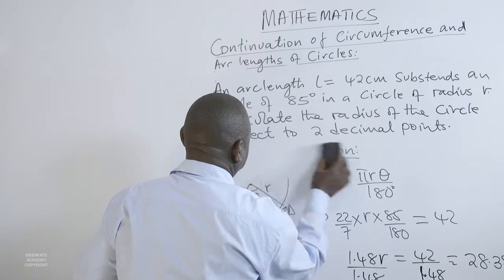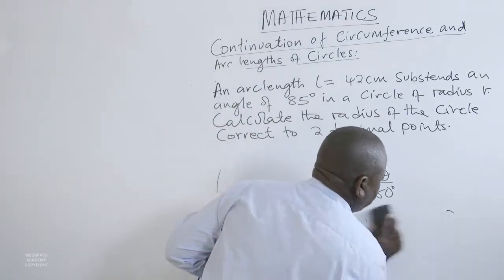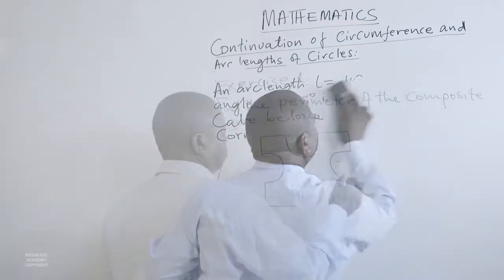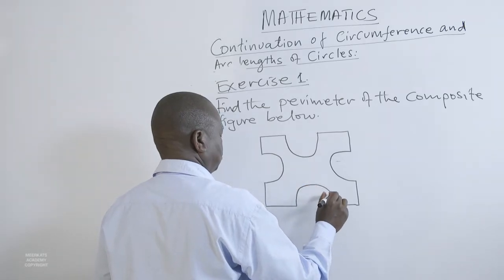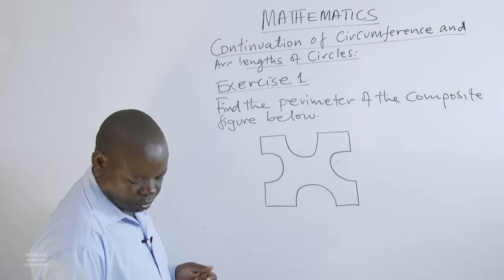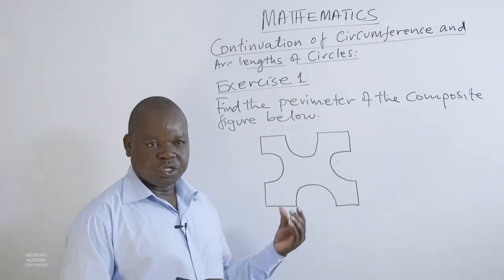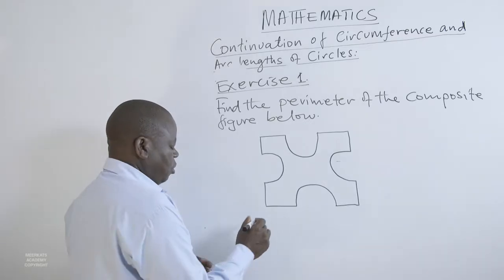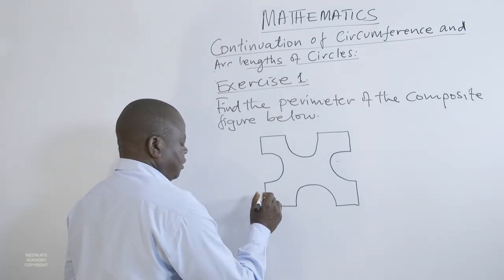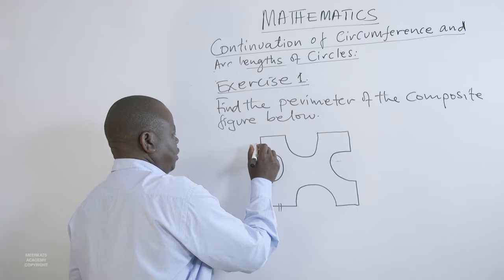Exercise 1. That is the composite figure. We have been told to find its perimeter. These are the informations that are given in the question.